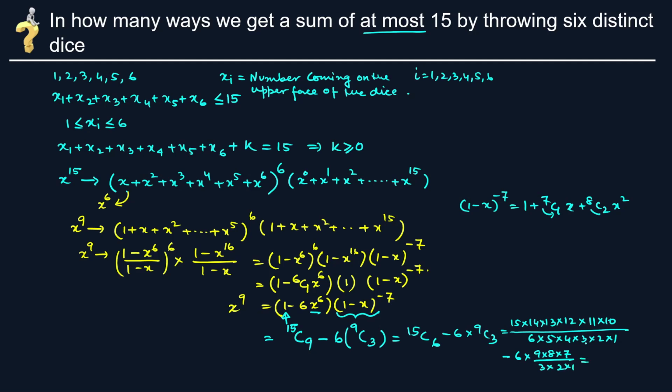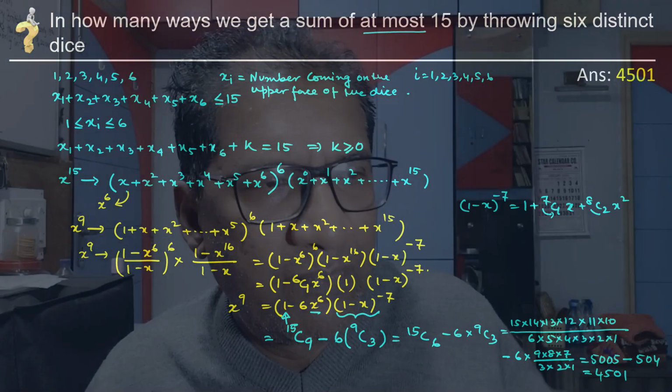So from the first one we are getting 5005, minus 504. So we are actually having the answer as 4501, and that's your answer.